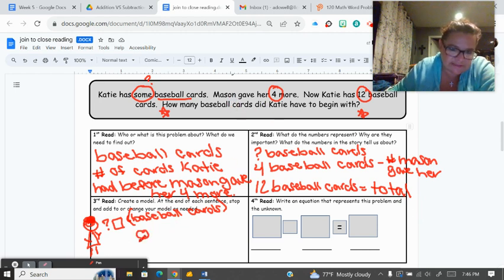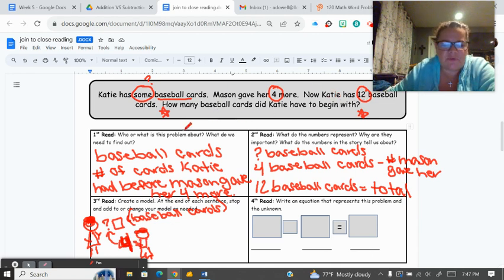So here's Mason. And he's going to give her 4 baseball cards. We're going to put a baseball hat on him too. All right. So here's Katie. She's got some. Here's Mason. And he's giving her how many? He's giving her 4.